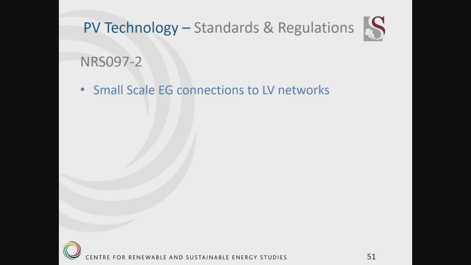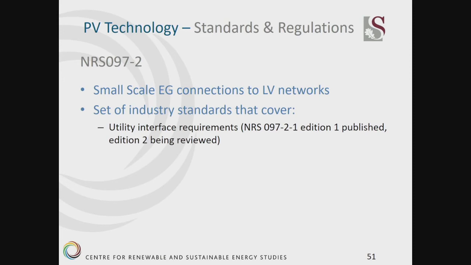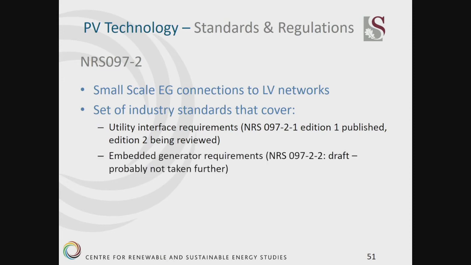Then we have NRS 097-2. This is a small-scale embedded generator connection to low-voltage networks, and it covers a set of industry standards. The 097-2-1: Edition 1 is published, Edition 2 is being reviewed, and we're waiting for publishment of that.